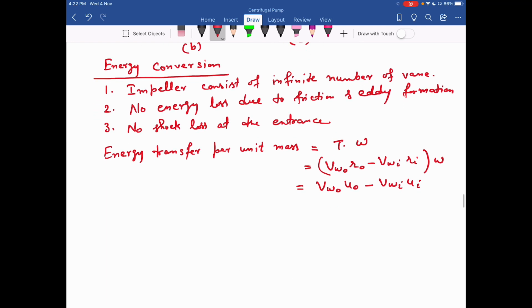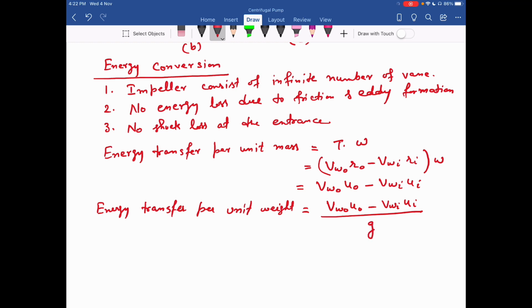Okay, and per unit weight, so energy transfer per unit weight, that I can write as VWO UO minus VWI UI divided by G.